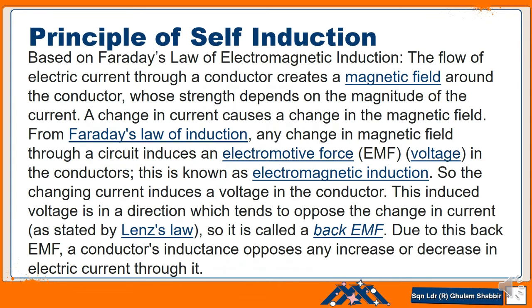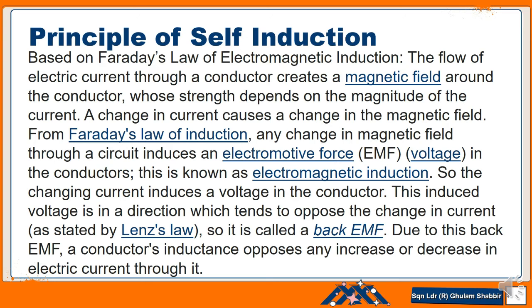Now, the principle of self-inductance is based on Faraday's law of electromagnetic induction. The flow of electric current through a conductor creates a magnetic field around the conductor whose strength depends on the magnitude of the current. A change in the current causes a change in the magnetic field.